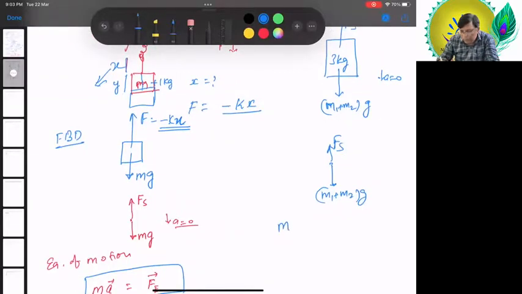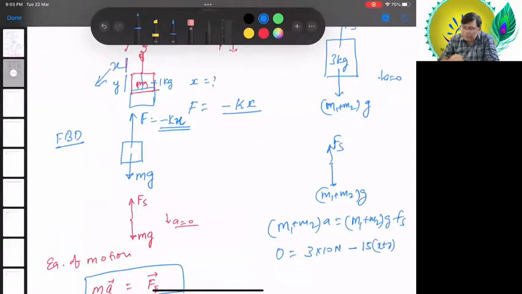So (m1 plus m2) a is equal to the total external forces, (m1 plus m2) g minus Fs. So this is 0. (m1 plus m2) is 3, into 10 Newton, minus 15 (x plus y). So this x plus y will be 30 upon 15, and that is 2.